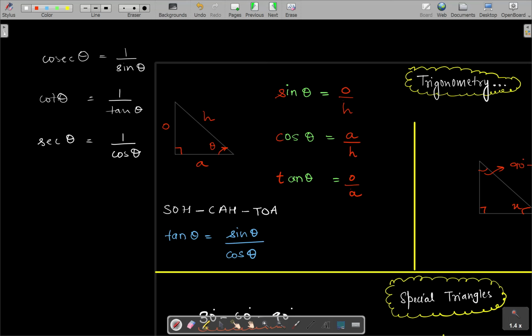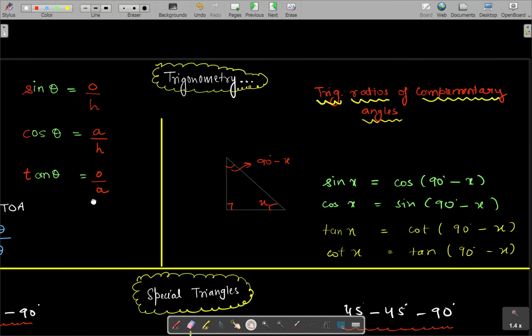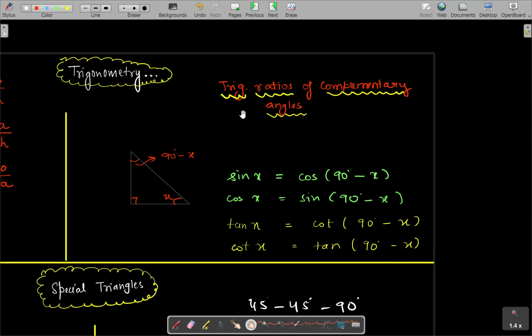So in total, we have six trigonometry ratios. You should know only about sine, cosine, and tangent, but just in case, I'm also telling you cosec, cotangent, and secant.